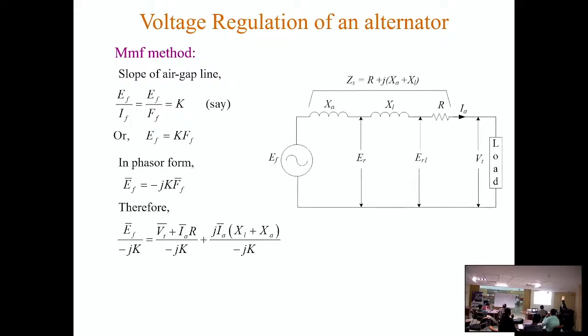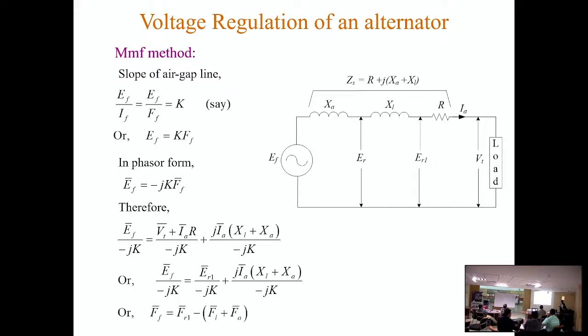Consider this equivalent circuit, the initial one. From this we can see EF minus JK, and this Vt plus IAR, that is actually this modified induced EMF, and this can be written as XL plus XA, that is FL plus FA. What is this FL?